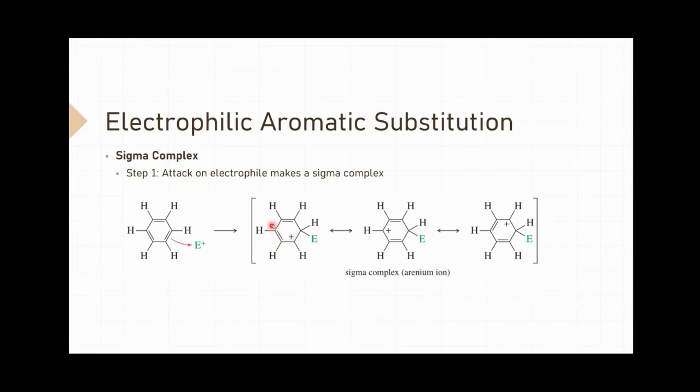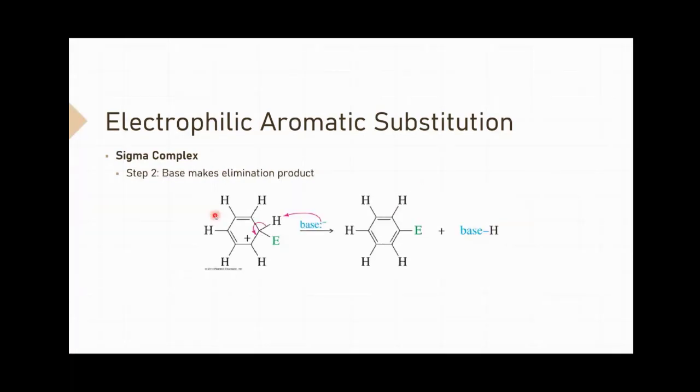So it's where the cation lands as it resonates. And then usually these types of reactions will finish off with a base that will do elimination and close that off and make this ring back into a benzene ring.